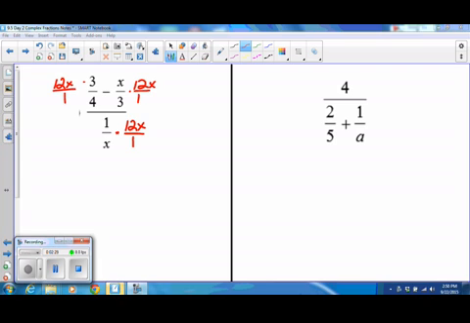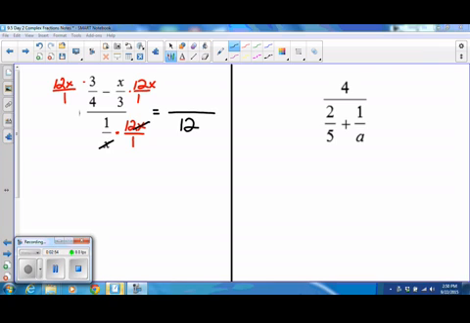Now, let's simplify each one of these. What's going to happen is all my denominators are going to cancel. Okay? So my x and x right here, they cancel. So all I'm left with at the bottom is what? 12, right?